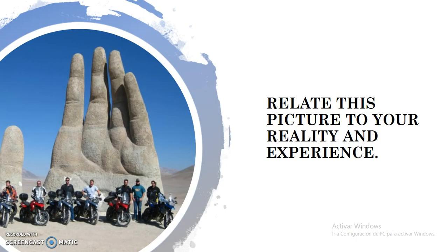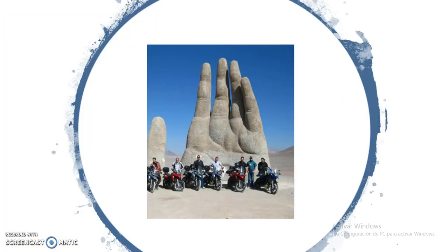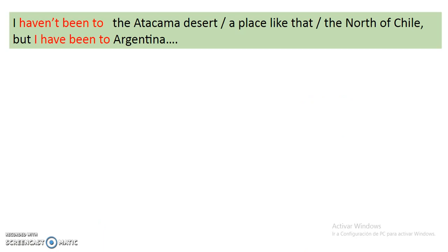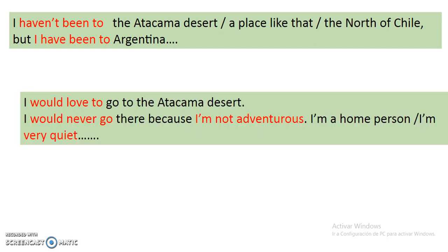In the second part, you would say something like this. I haven't been to the Atacama Desert, or I haven't been to a place like that. I haven't been to the north of Chile. But I have been to another place you can invent. I would love to go to the Atacama Desert. I would never go there because I'm not adventurous. I'm a home person. I'm very quiet, etc. So you can use adverbs and adjectives.